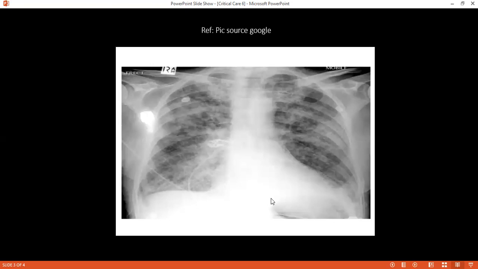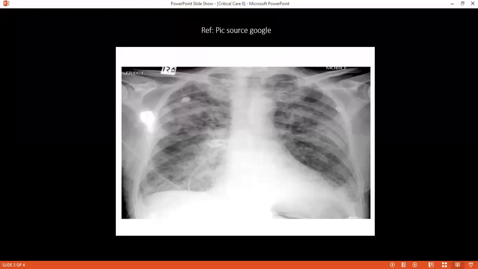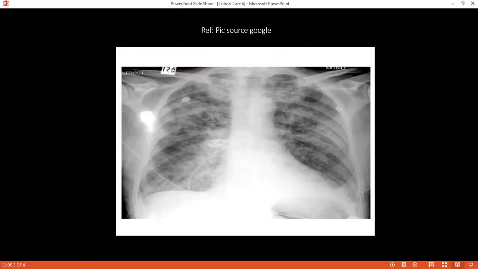Yes, costophrenic and cardiophrenic angles are both obliterated. What about the cardiac shadow? The cardiac shadow is enlarged in size, and the tracheal position is normal. Okay, it's not deviated.